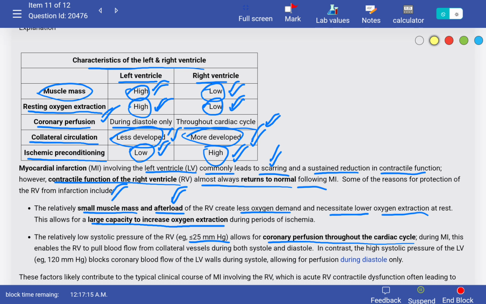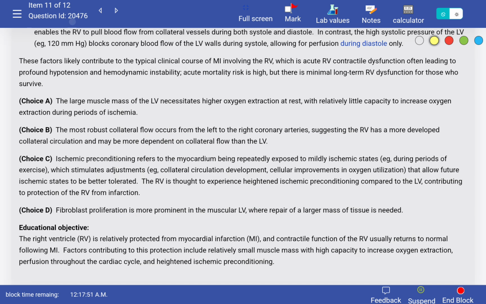During MI, this enables the right ventricle to pull blood from the collateral blood vessels, which as we know are well developed in the case of the right ventricle, during both systole and diastole. In contrast, the high systolic pressure of the left ventricle, for example 120 mm of mercury, blocks coronary blood flow of the left ventricle walls during systole, allowing perfusion during diastole only.